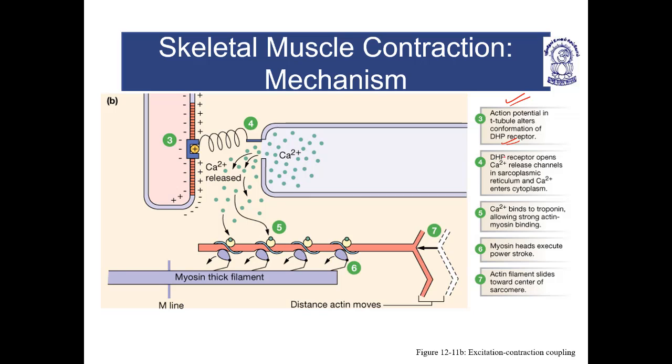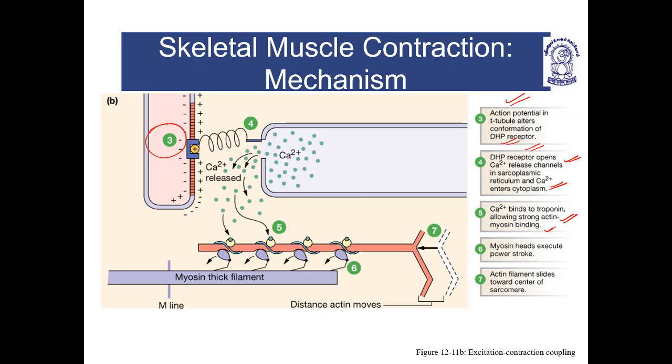So these DHP receptors open the calcium release channels in the sarcoplasmic reticulum and calcium enters the cytoplasm. The calcium binds to troponin, allowing strong actin-myosin bonding.